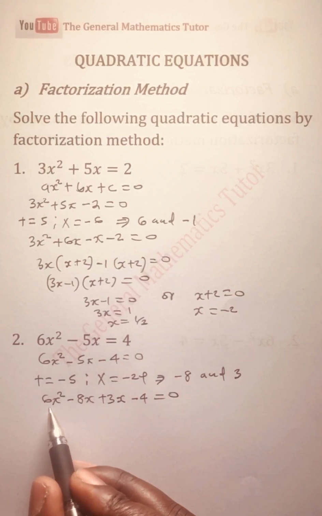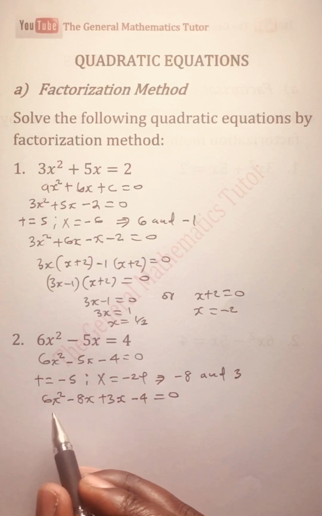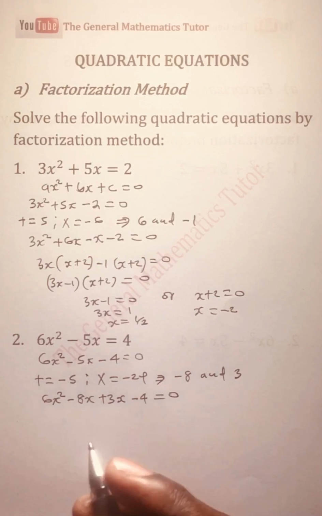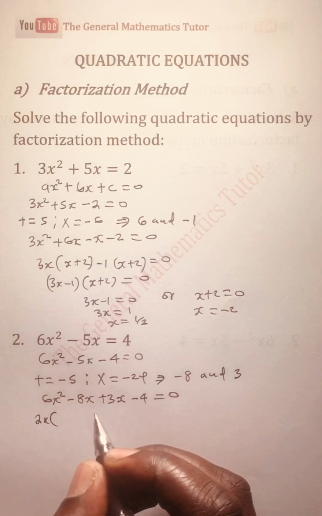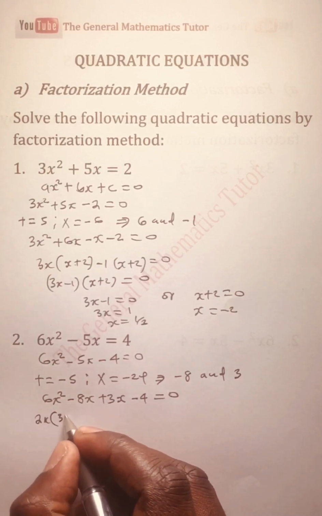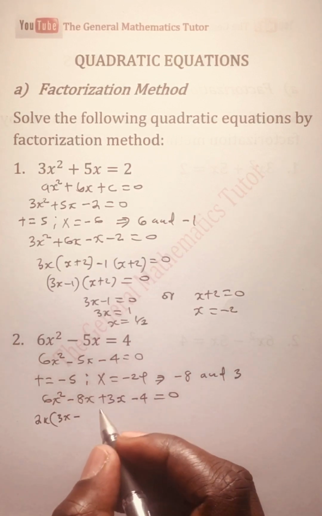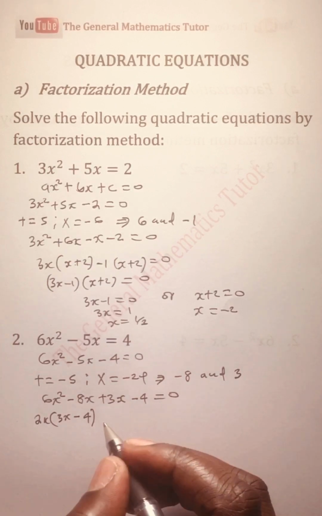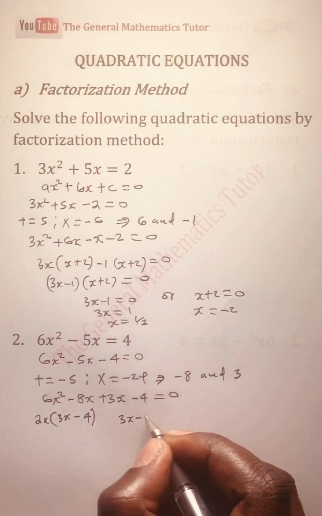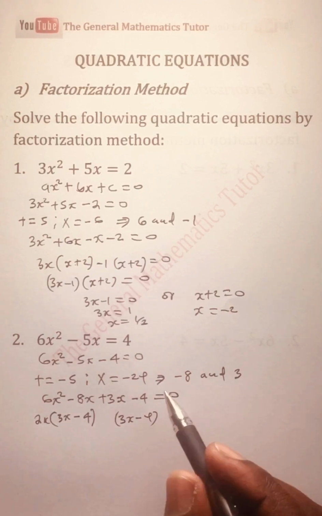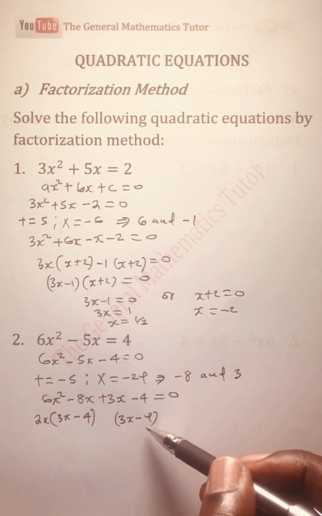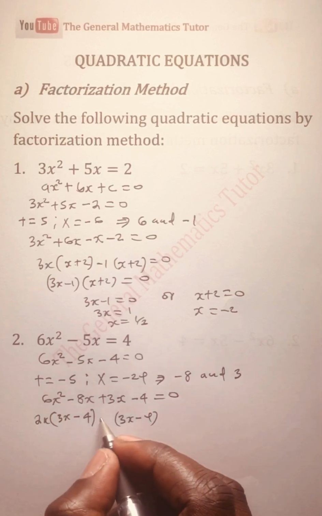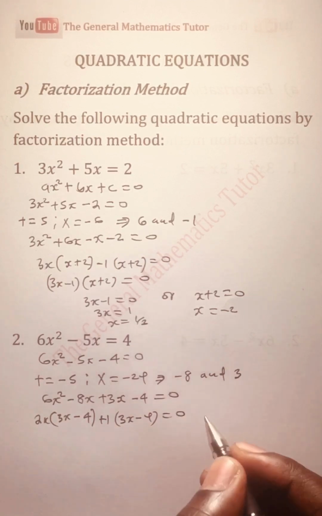Then we look for the common factor between the first two terms, and we'll find that to be 2x. So we have 2x into 3x minus 4. Then we expect 3x minus 4 on this side. For us to have obtained negative 4, it means we multiplied negative 4 by positive 1, so plus 1 is equal to 0.